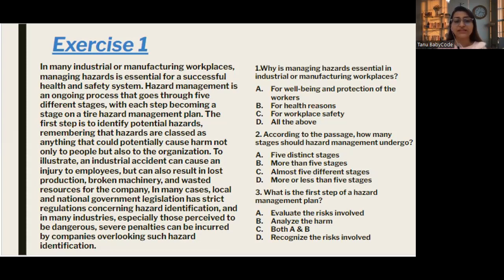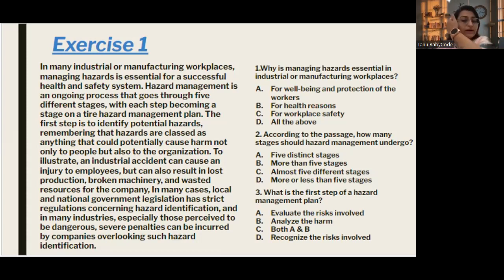Now, when I start reading my passage, in the very first statement, I can see in many industrial or manufacturing workplaces, managing hazard is essential for a successful health and safety system. So they are talking about a successful health and safety system, right? Next is hazard management is an ongoing process. So they talk about all of the above because it is for the workers also, right?